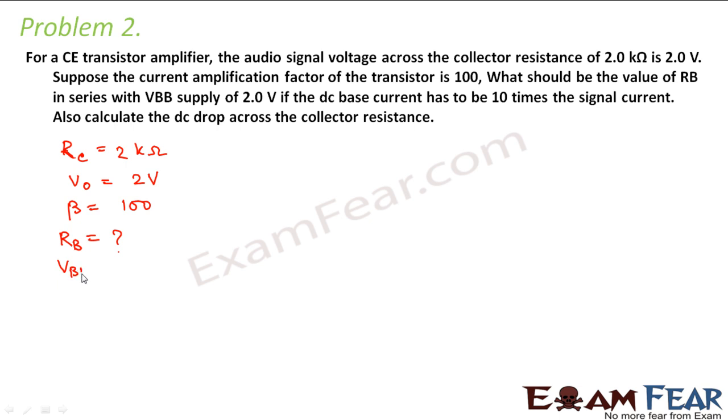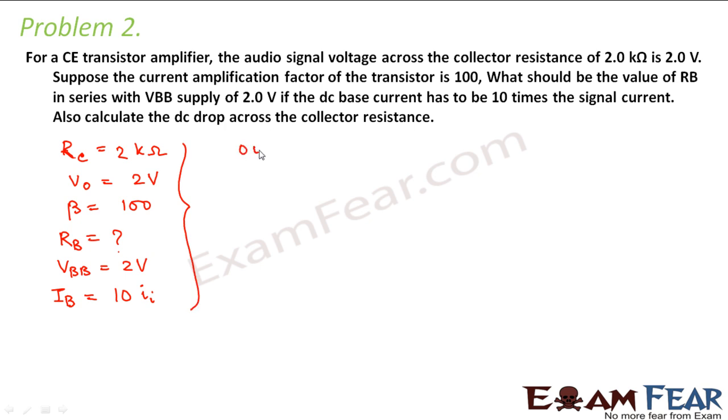So now here we have been given the value of VBB. If the DC base current has to be 10 times the signal current, that means the DC base current is equal to 10 times the signal current. Let me denote the signal current as I input. So these are the values which are given.